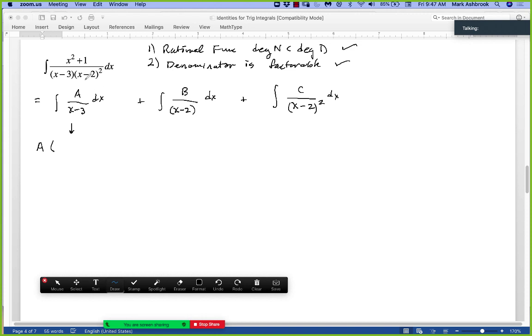x minus 2 squared. Yes, we've got the x minus 3, but we don't have the x minus 2 squared, so we'll multiply that top and bottom. But as we saw last time, all we really care about is the top, so I'm just going to write the top. And for this one, what do we need to multiply top and bottom by to achieve the common denominator?